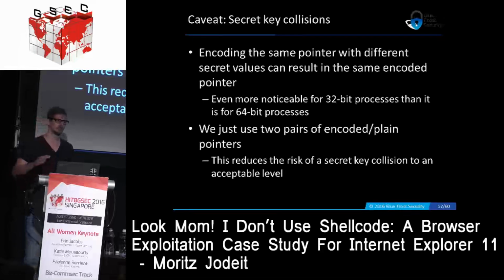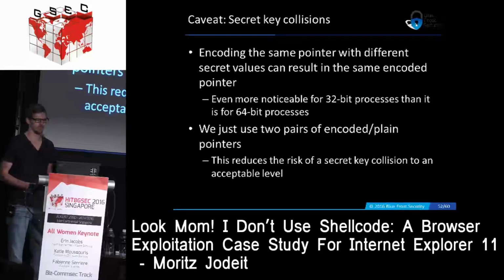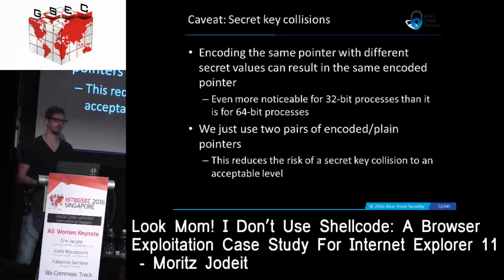But since we are doing it backwards, this can result in the scenario where we find a secret value which is the wrong one, which is bad because once we use the wrong secret value to decode a pointer, we get a wrong pointer and we would crash. So in order to bypass this, we just use a second pair. We use another pair of plain and encoded pointers, and we try the found secret against that pointer pair, and if it matches, then we can be pretty sure that this is the right secret value.